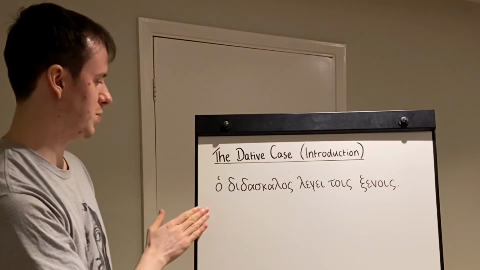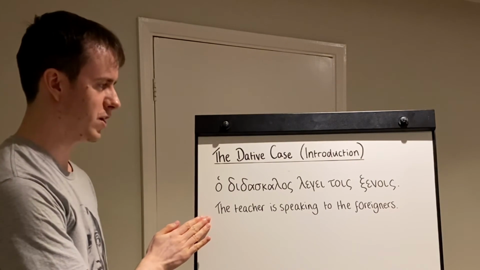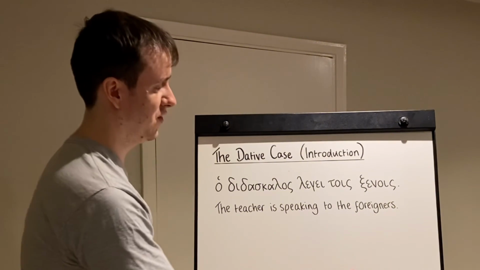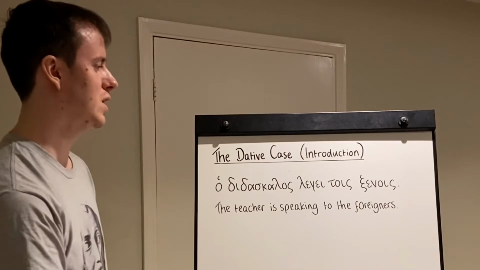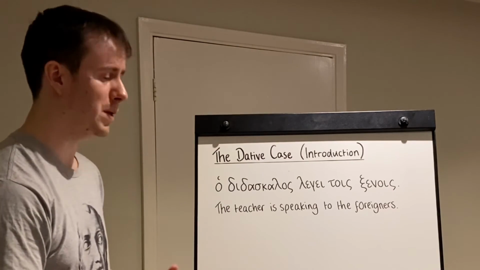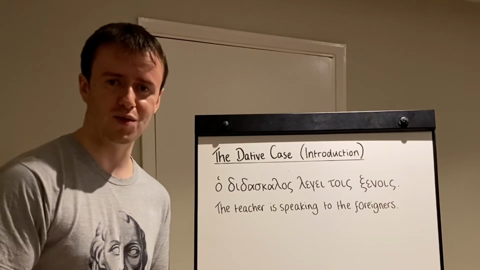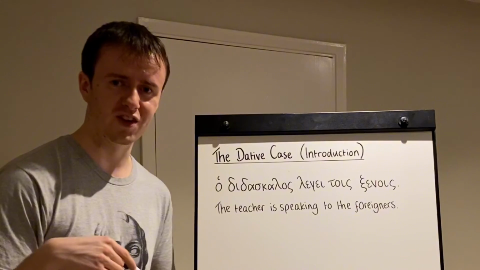So this sentence would be translated as the teacher is speaking to the foreigners or the teacher is speaking to the strangers. Here, once again, the dative is being used to indicate the indirect object, the person to whom something is being said. But bear in mind, when you look at Greek outside of this lesson, the dative can be used to mean to or for in senses other than that of the indirect object.